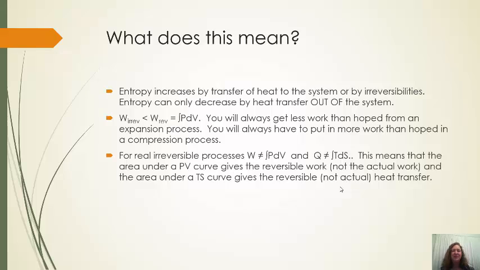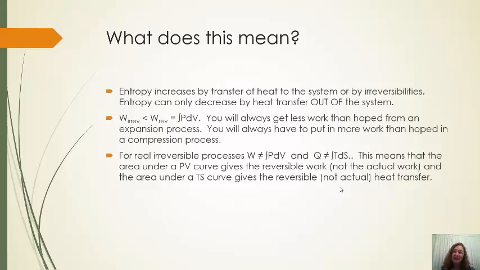So what does it mean? Well, entropy increases by transferring heat into the system or by irreversibilities. The only way entropy can decrease is by heat transfer out of the system, but it's still limited by that Q over T ratio. Now, irreversible work is going to be less than reversible work, and reversible work I can get by doing the integral of PdV for a closed process.